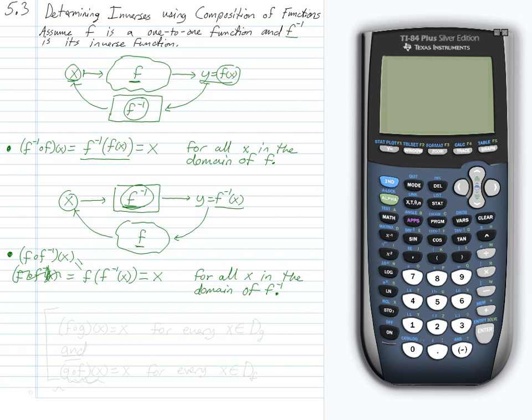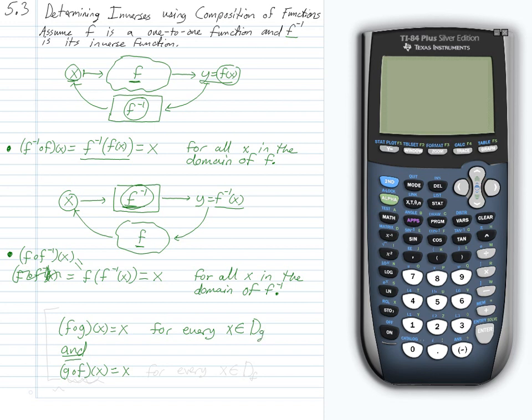But the only theorem in this section that matters at all is theorem 5.3, which says that if you have two functions f and g, then they're inverses if and only if f composed with g of x gives you x, and g composed with f of x gives you x for every x in the domain of the inner function.